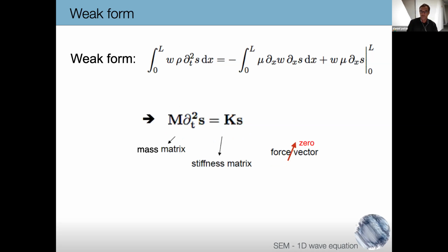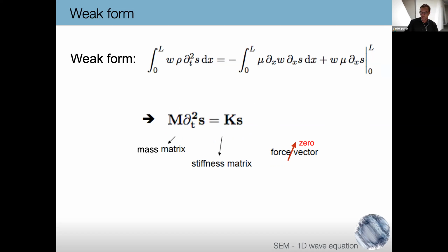Good. Here the matrix form would look like this. Again, we can do it matrix free, which means basically we don't need to store and assemble the full stiffness matrix anymore. We can just do this right-hand side version of it. And here, what is the right-hand side?